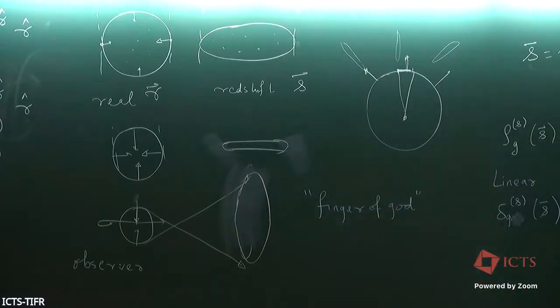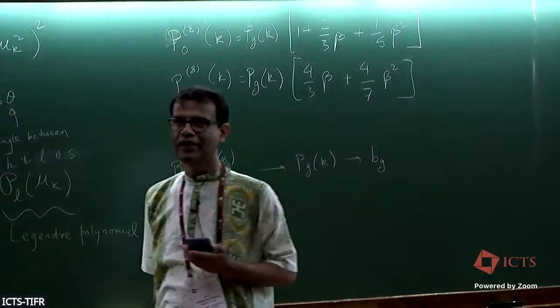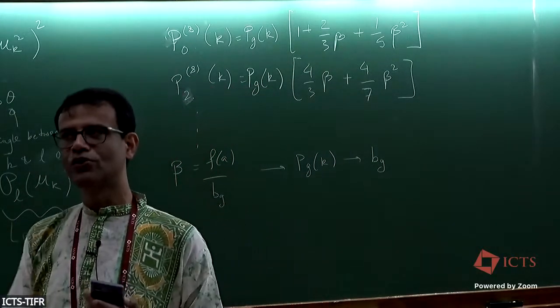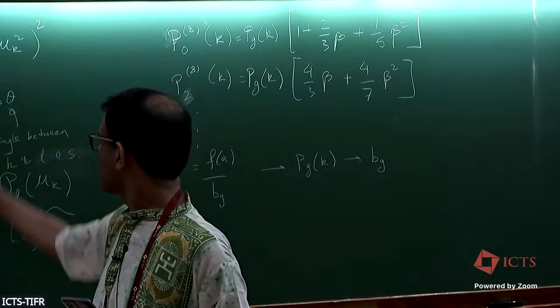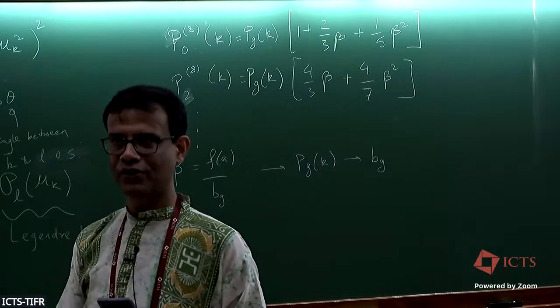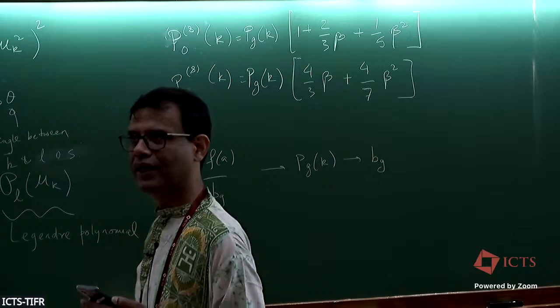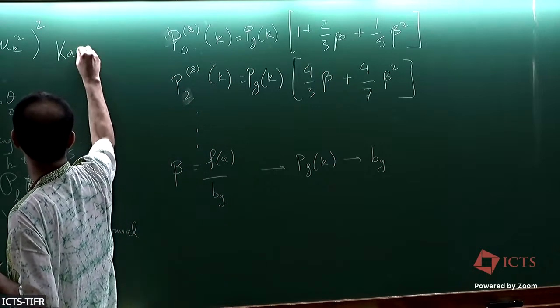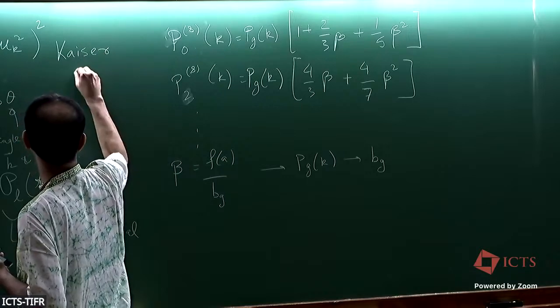For galaxy surveys, you should include the redshift space distortion effect, but for gravitational wave events, you should not. So appropriate powers of that quantity should be included in the calculations. This goes by the name Kaiser effect.